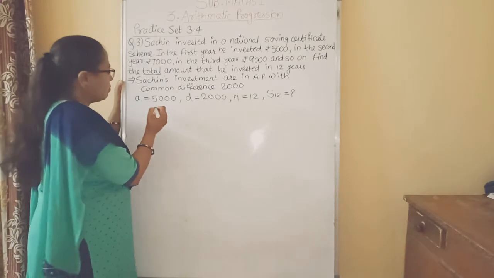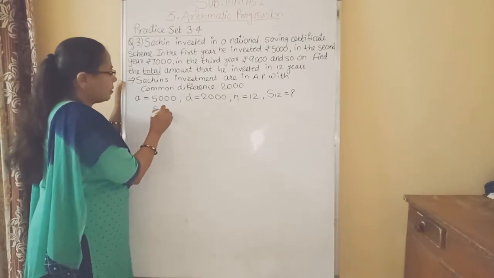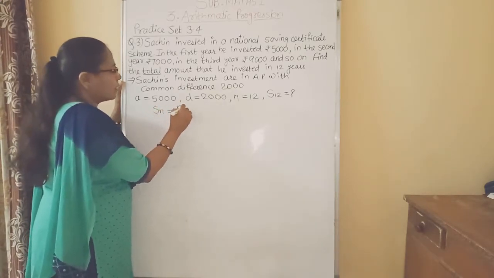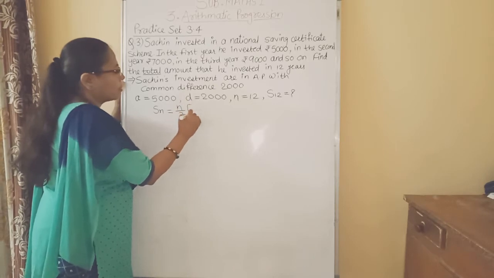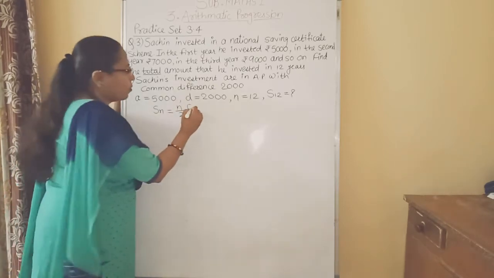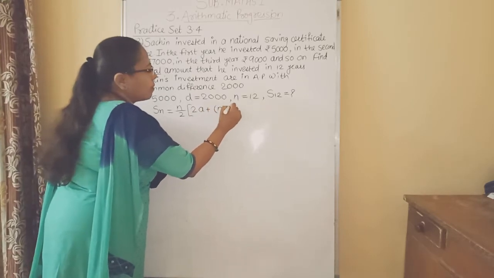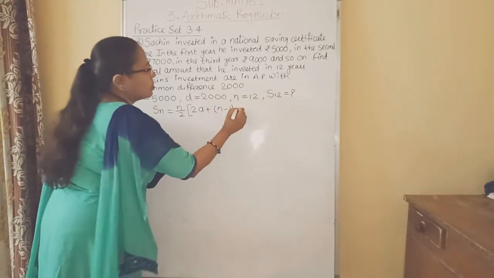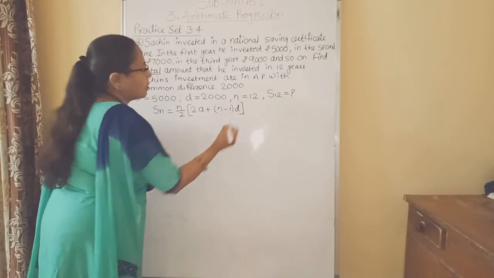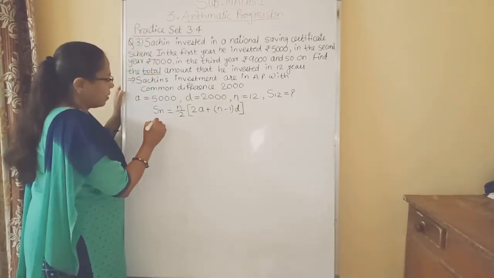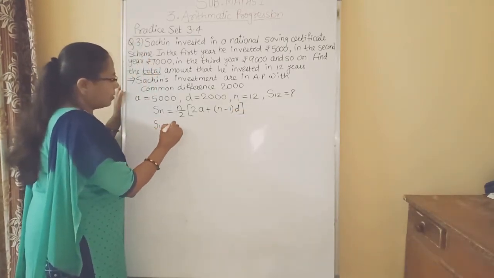Okay. So we know the SN formula: SN is equal to N upon 2 into bracket 2A plus bracket N minus 1 bracket close into D, close bracket. We have to find S12.